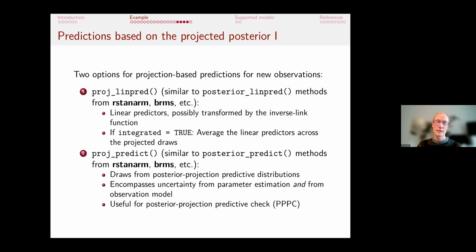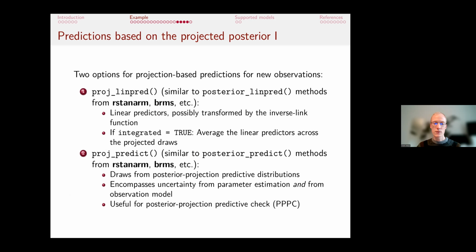And this calculates linear predictors, possibly transformed by the inverse link function. And it also has an argument called integrated, which when set to true, will calculate the average linear predictors across the projected draws. Then the second option is projpredict, which is similar in spirit to posterior predict.